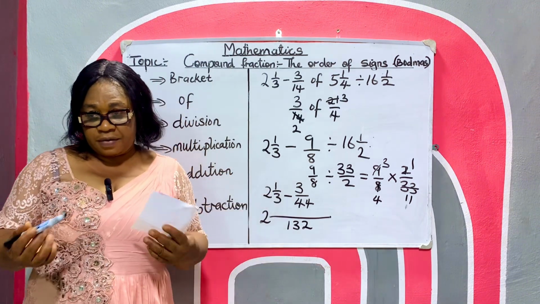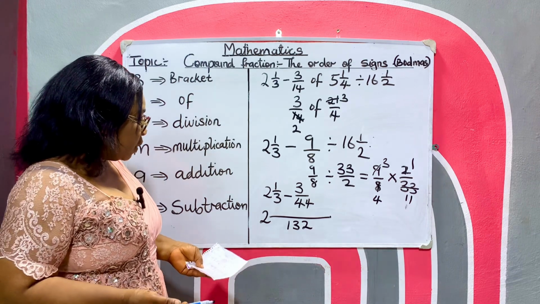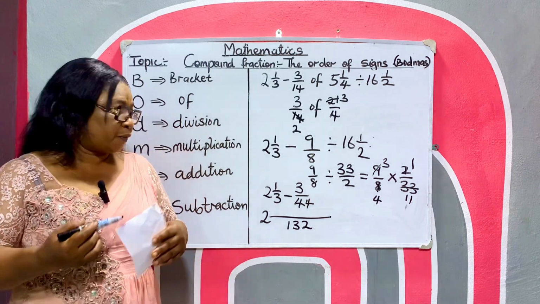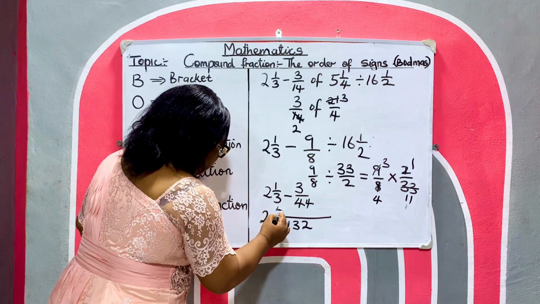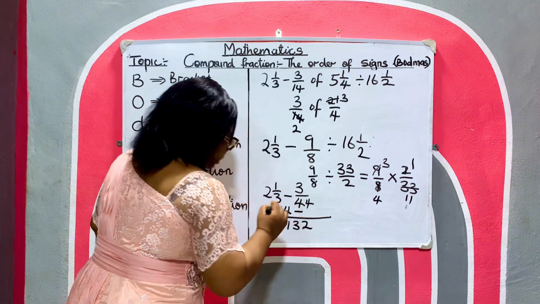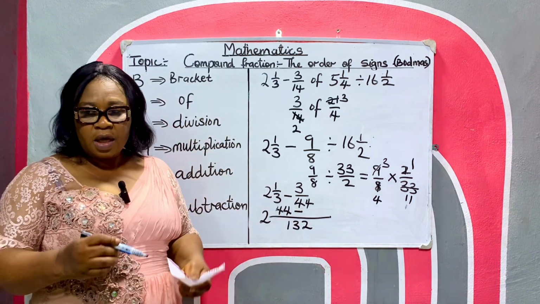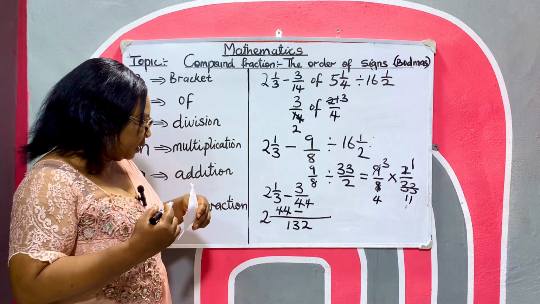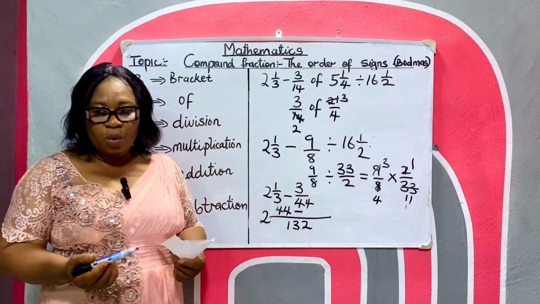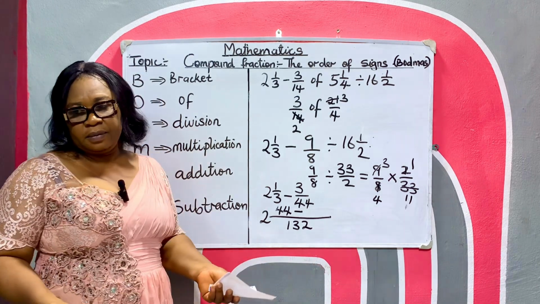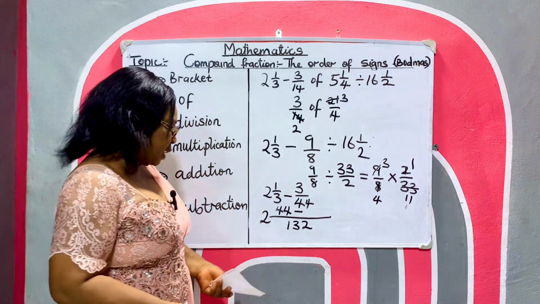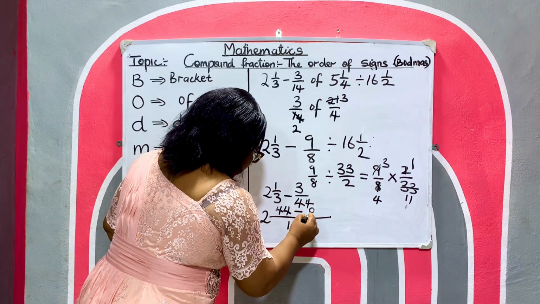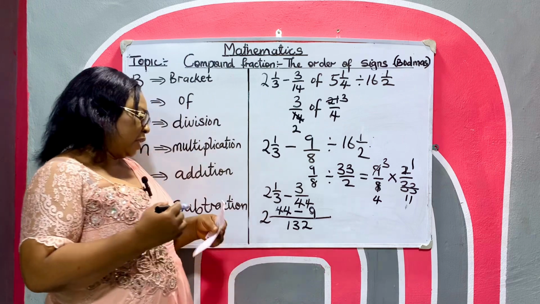132 divided by 3 will give you 44. 44 times 1 is what? 44. Minus 132 divided by 44 will give you 3. 3 times 3 will give you 9.